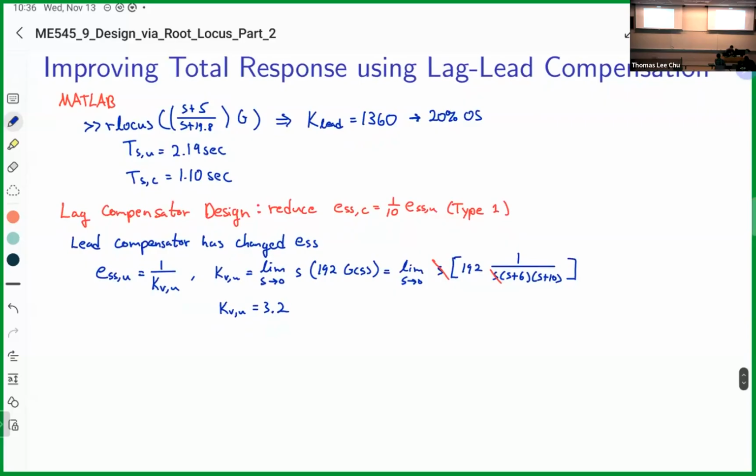Okay, so then our error of our uncompensated system is going to be 1 over 3.2, which is roughly equal to 0.3125.